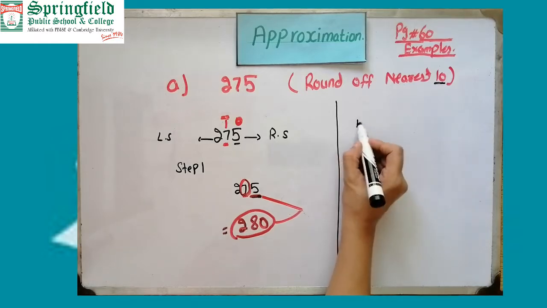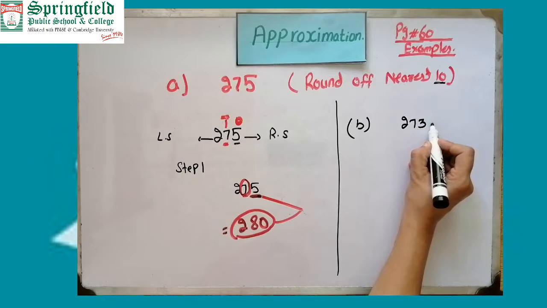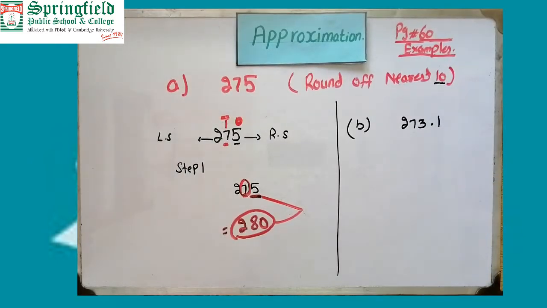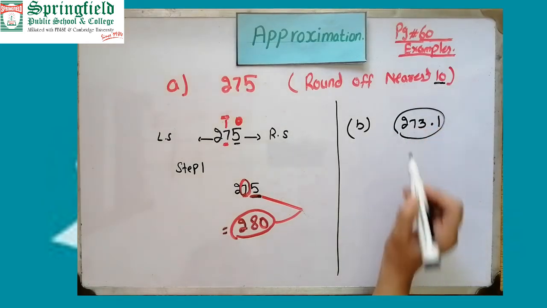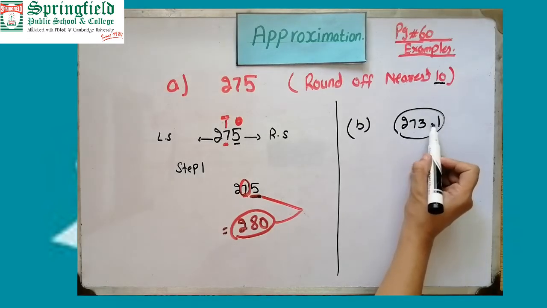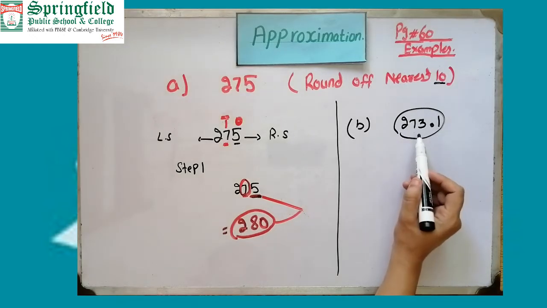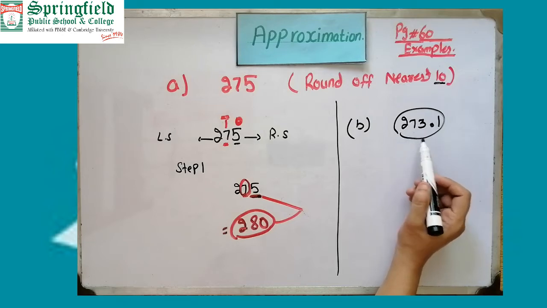Part B is 273.1, and they are saying round off to the nearest 10. This is a decimal number because it has a decimal point. Now how can we round off a decimal number to the nearest 10?